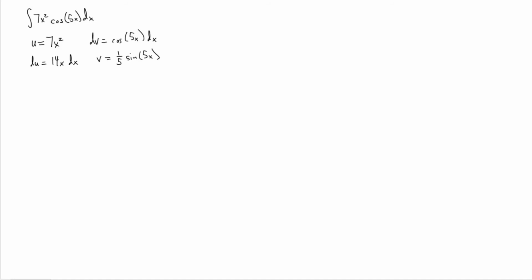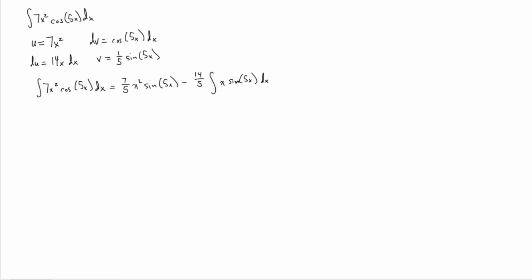Go off on the side and do that by substitution and make sure you get it exactly right. Applying the formula for integration by parts gives us that our original integral is equal to this expression here, which is u times v minus the integral of v du. And then we have to compute the integral of x times the sine of 5x dx.